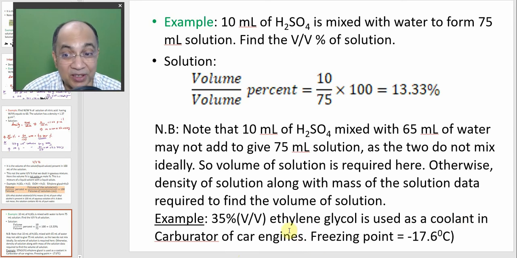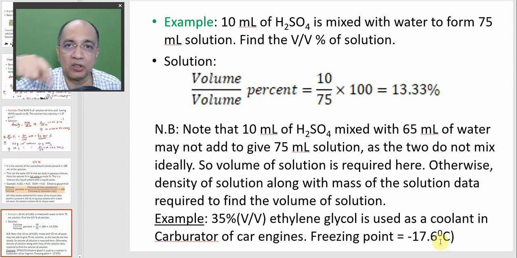Such a solution has a very low freezing point, as low as minus 17.6 degree Celsius, so that when you drive your car up the hill where the temperature is sub-zero, the carburetor water doesn't freeze. If the carburetor water freezes into ice, then the fan will not run and the cooling will not happen, right?